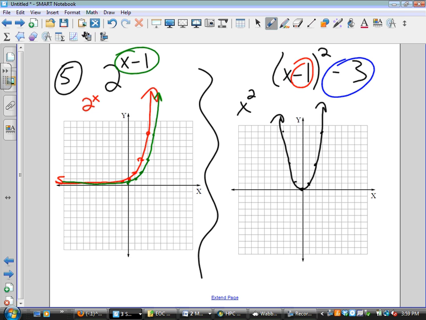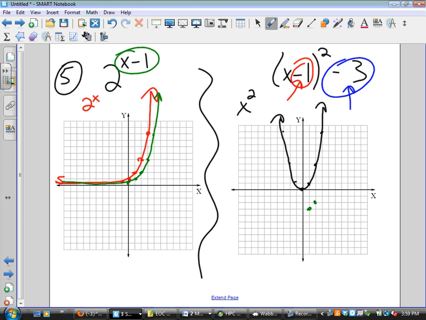Okay, so let's use that graph to graph the final result by doing transformations. We're going to shift everything to the right 1 unit, and then shift everything down 3 units. Let's pick this first point, 0, 0. We're going to move it to the right 1 unit and down 3 units. 1, 1, we're going to move to the right 1 unit and down 3 units.